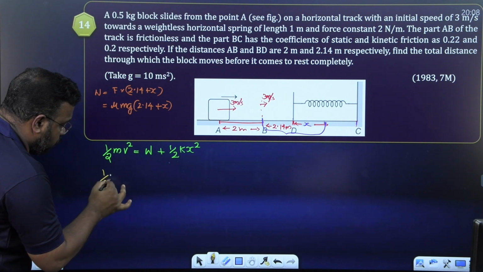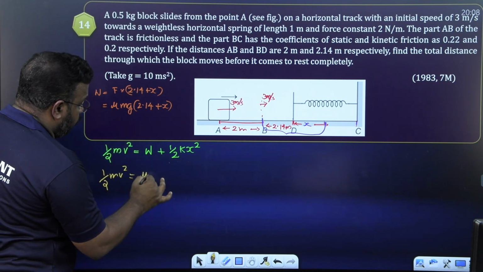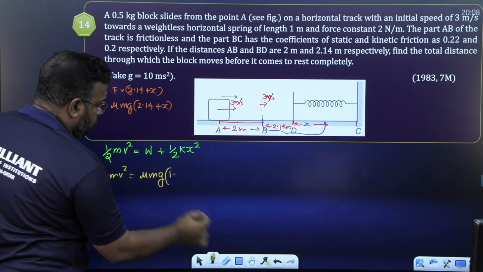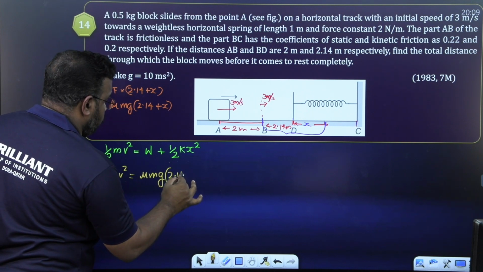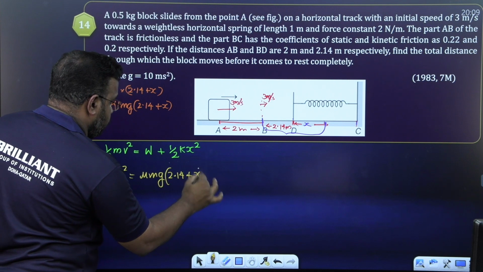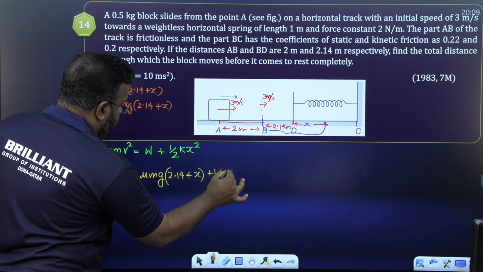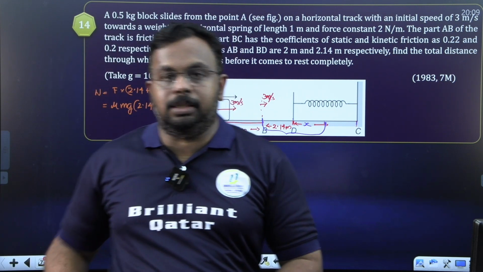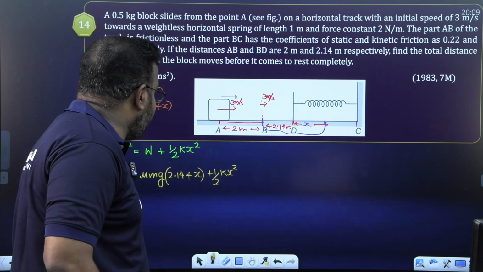Half mv square is equal to mu mg into 2.14 plus x, plus half kx square. In this equation you can see there is only one unknown quantity, that is x. Solve this and find the value of x.